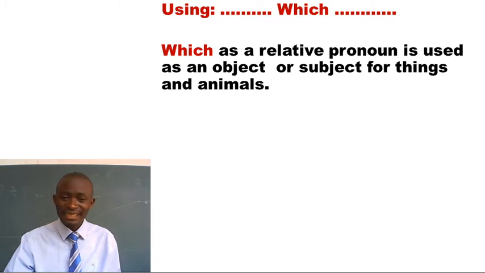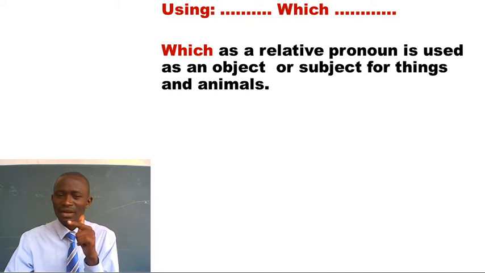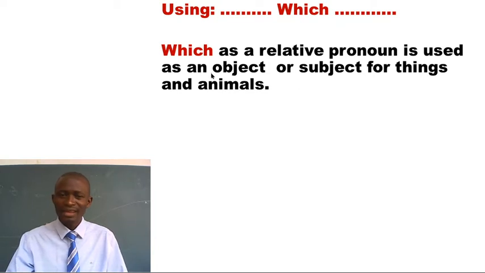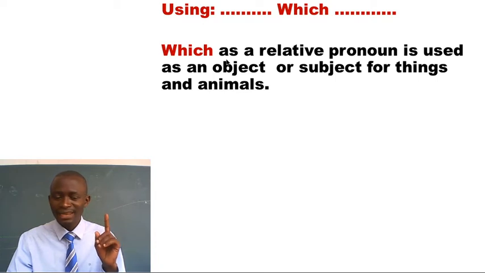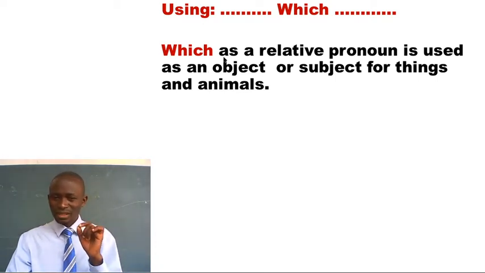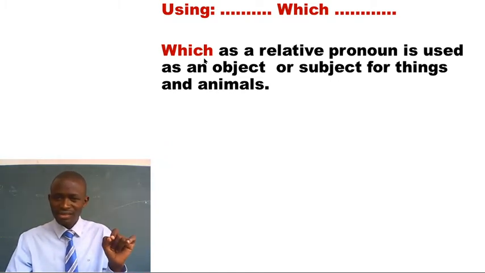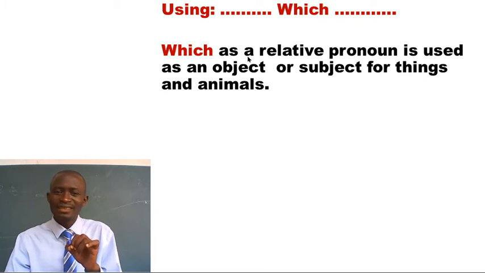You realize that it is referring to a cat. I can say, I saw a cat. It passed in front of Jaja's house last week. It has been used to replace a cat. So if I'm to join the two phrases, I'll use which. Why? Which is the relative pronoun used for things, objects or animals.